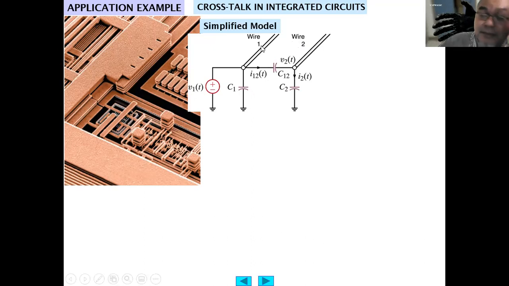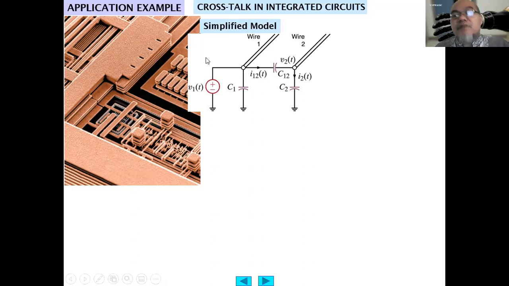And there is also capacitance from the wire to the ground of that integrated circuit. And there is a voltage flowing into wire 1 and wire 2. We can model the crosstalk. Crosstalk means when the current from one wire will interfere with the other wire.